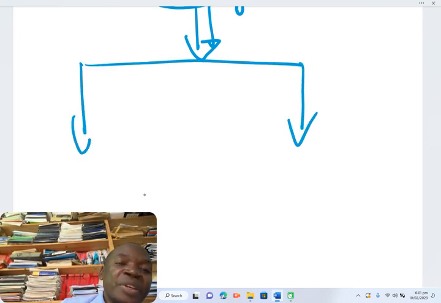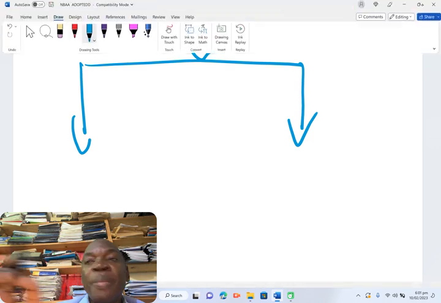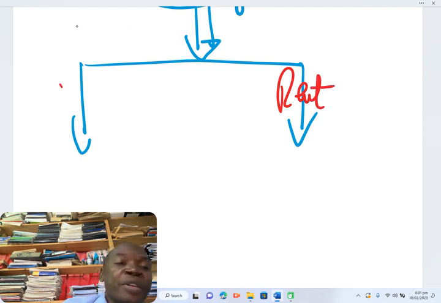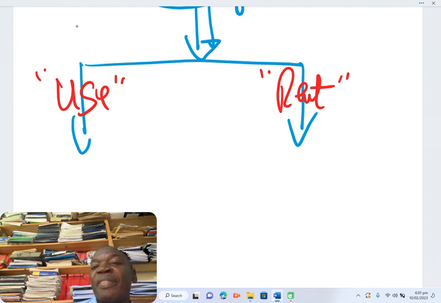So, the scenario about these standards is this. Once you rent, we are saying you invest in buildings. Once you use, you own and occupy. So own and occupy, rent and invest.